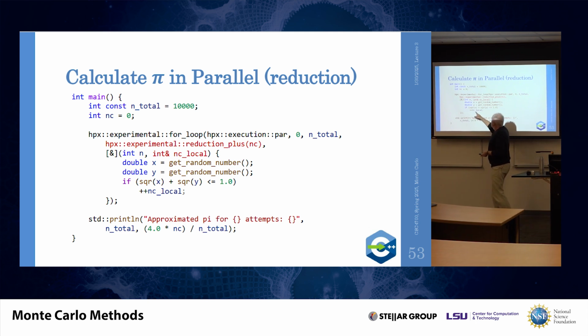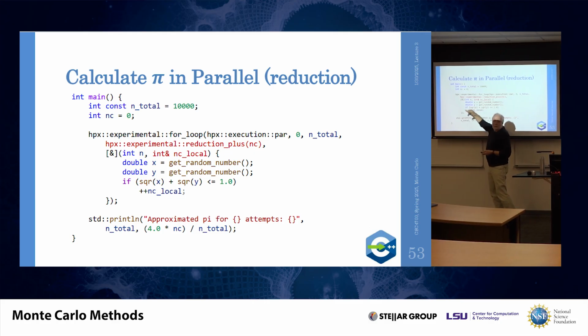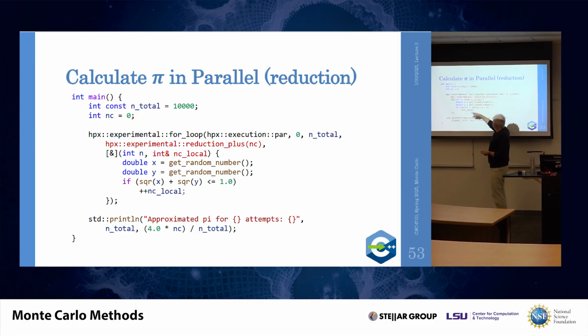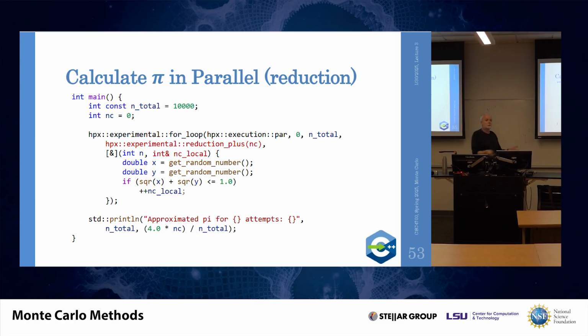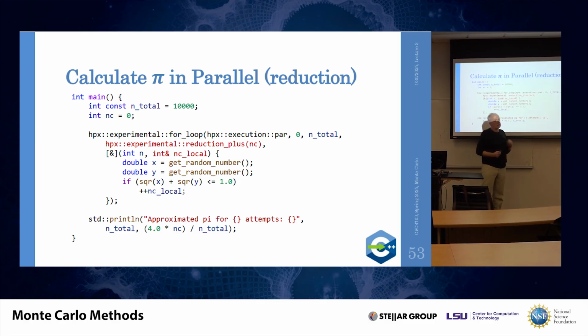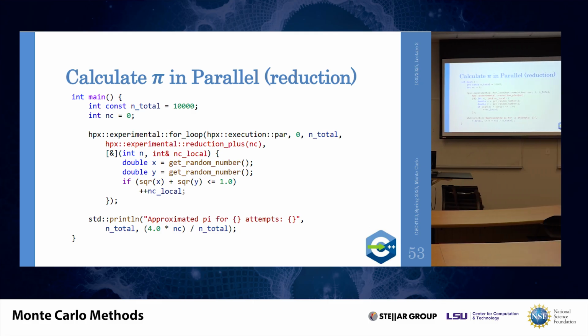So the loop body now increments the local counter and not the global counter anymore. So there is no interference between the cores on that global counter. And when the loop finishes, it automatically sums up all the variables it has created and writes the overall result to the variable it was initialized from. Exactly what we want, exactly what we need.